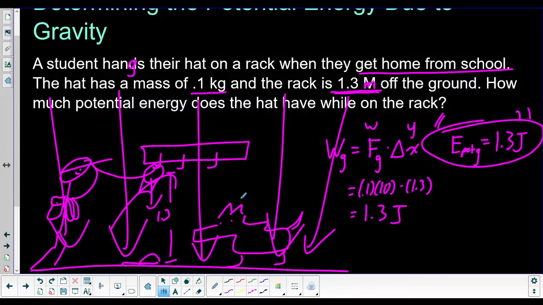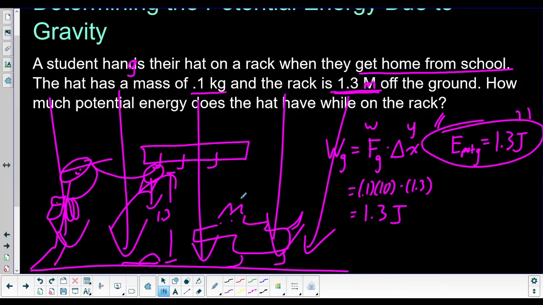One of the reasons energy is kind of weird is just because it's invisible, right? Like you can't look at a hat and go, it looks like it's got 1.3 joules of energy. You can't tell by looking at something how much energy there is in it. You have to just calculate it. So that's how much energy is stored in our hat when we hang it on a hat rack.